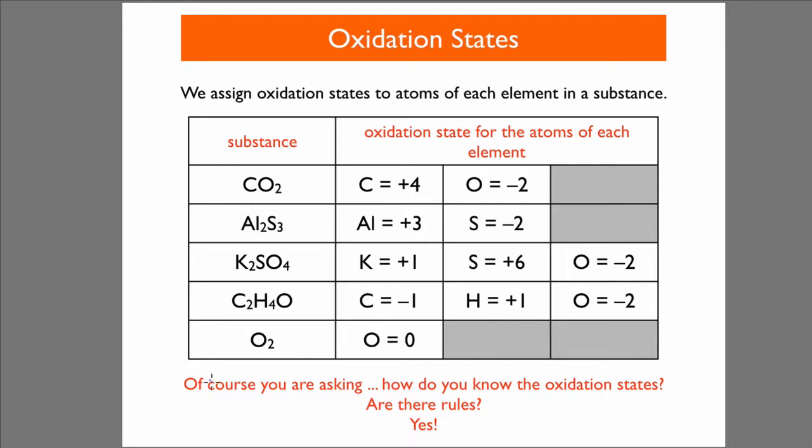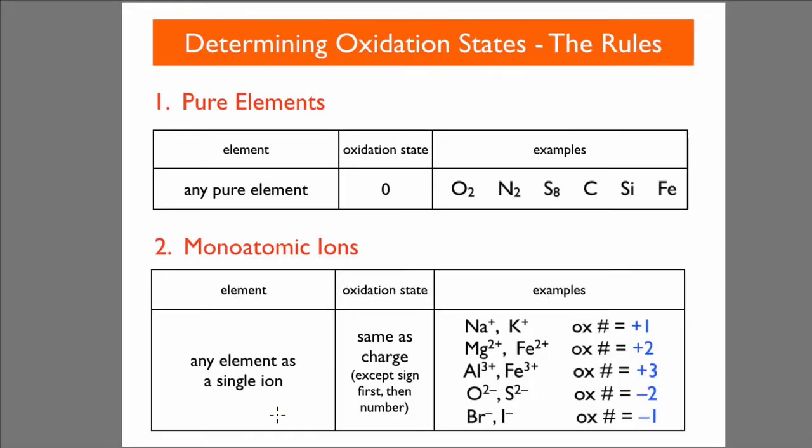But of course you are asking, how do you know these oxidation states? There must be some rules. I'm sure you're begging for some rules, and you're in luck, because there are some rules for you to learn and then commit to memory. Pure elements. Any pure element has an oxidation state of 0.